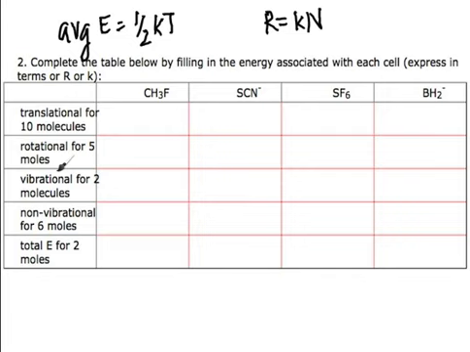For the first question, translational motion for 10 molecules, this is easy because for all molecules, regardless of linear or nonlinear, there are three modes of translational motion. So we're just going to do 3 times 1/2 kT times 10 because we have 10 molecules. So this is going to be 15 kT.